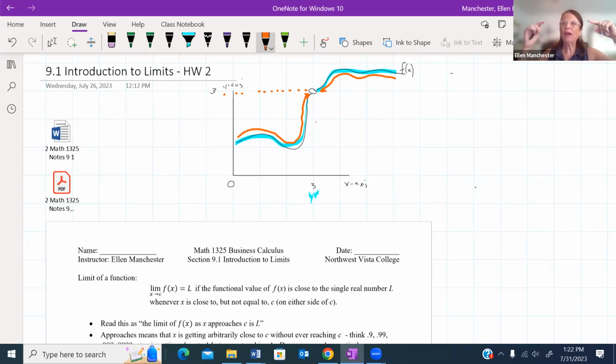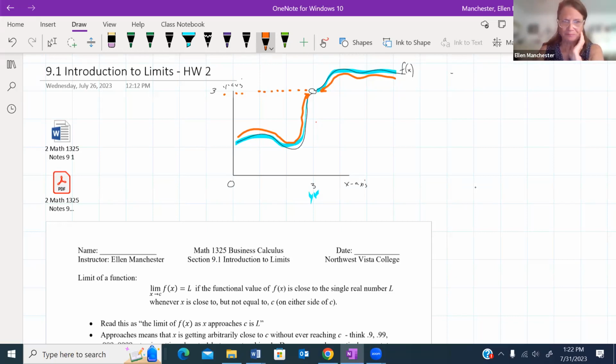With limits, you have to change the way you think. It's not what's happening at the value, because with this graph at 3, there's no value there. It's an open circle. But we know what's going on around the value. And if we know what's going on getting really, really close to the value, we can identify what's happening at that point.